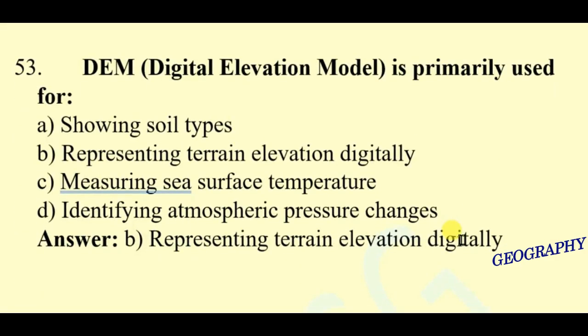Question 53. DEM, digital elevation model, is primarily used for showing soil types, representing terrain elevation digitally, measuring sea surface temperature, identifying atmospheric pressure changes. Here the right answer will be representing terrain elevation digitally. The DEM full form is digital elevation model. Elevation means altitude.